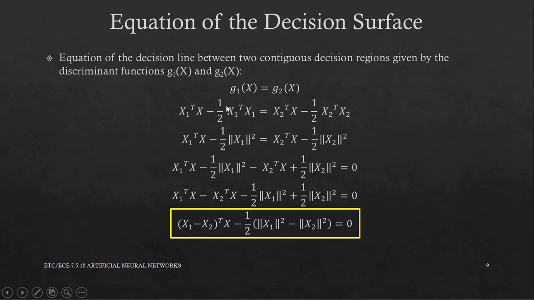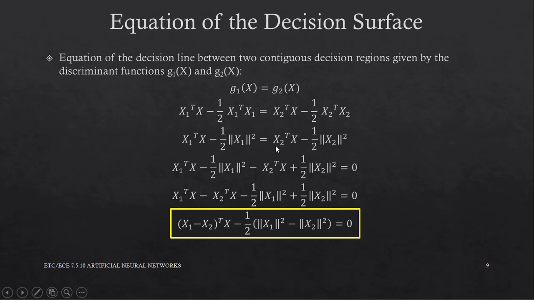We know that x1 transpose x1 is the equation for the norm square. So we substitute that with norm square of x1, and we substitute x2 transpose x2 by norm of x2 the whole square. And then we bring the right hand side into the left hand side.